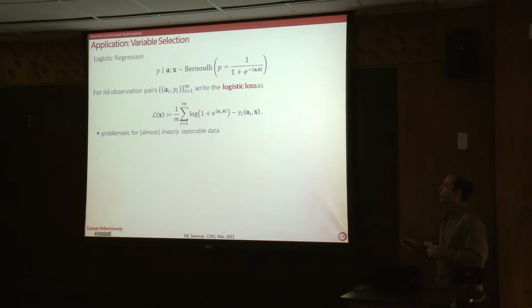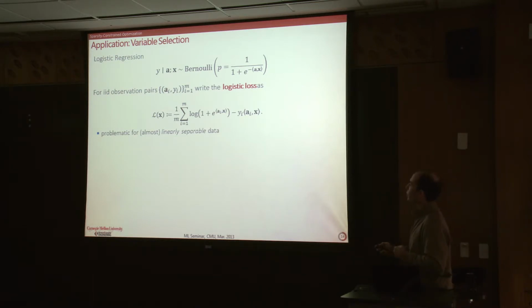If you just minimize this, you are not guaranteed to get close enough to the true parameter, because if, for example, your data is linearly separable, your solution can tend to infinity, and that may incur a large error.